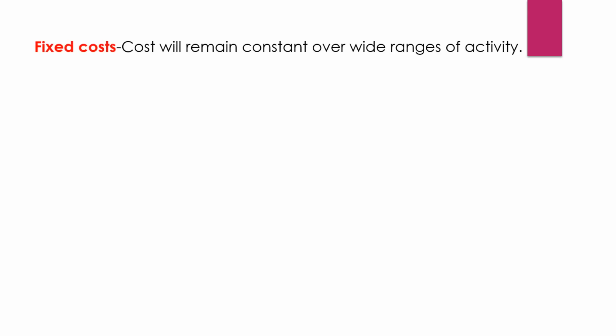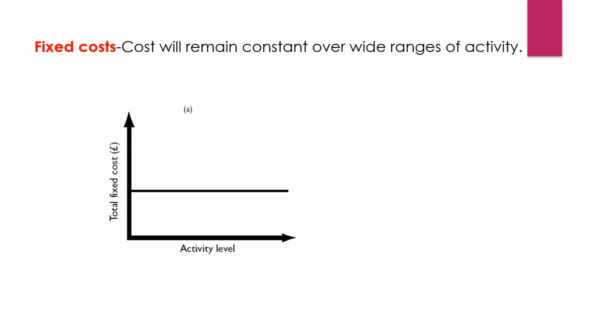Fixed cost will remain constant over a wide range of activity, such as rent and depreciation. When you see the total fixed cost graph, you can note that even though the activity level has increased or decreased, the total fixed cost remains constant over the activity level.